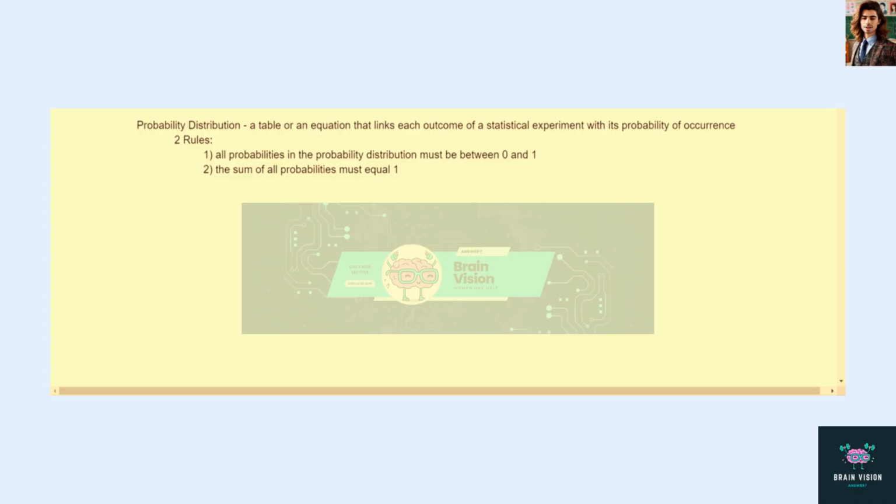Now, the example we will be looking at today to determine if this distribution is a probability distribution or not is as follows. It is our x and our p of x.